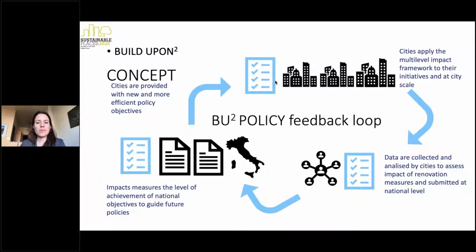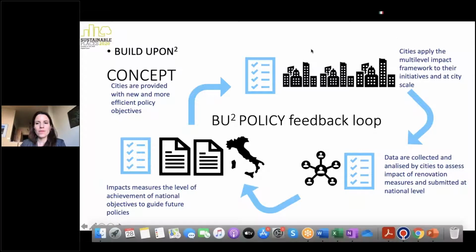If all the cities report under the same framework, then results can be compared at the national scale. This means that the policies led by national governments at the local and national levels can be analyzed and assessed to see whether they can improve, and come back again to the city level with new policies that are more effective because they are supported by impact data results. So this creates a positive loop where all the information collected at the local scale is valuable at the national level and goes back to the local one for policy improvement.